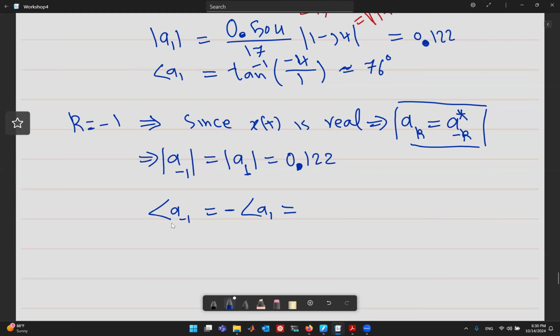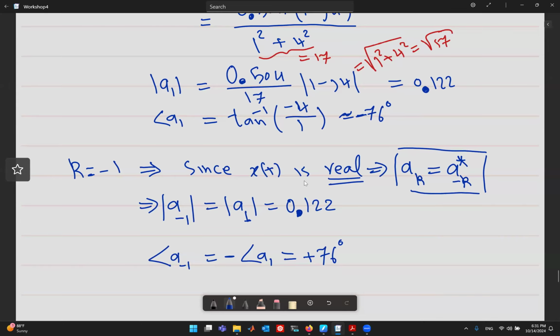So the phase of a_1 is negative 76 degrees, and this will be plus 76 degrees, because of this conjugate symmetry, because the signal is real.